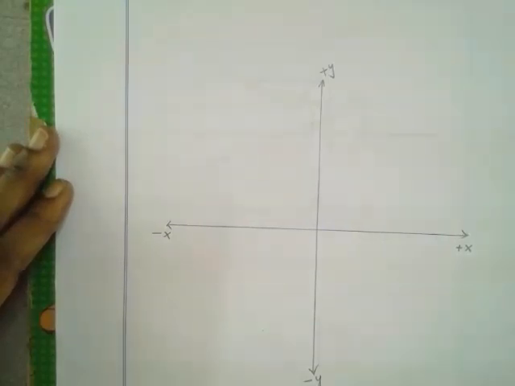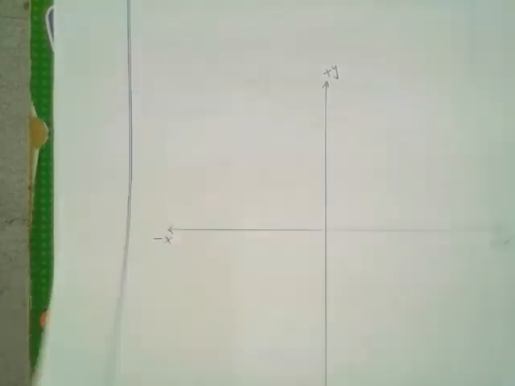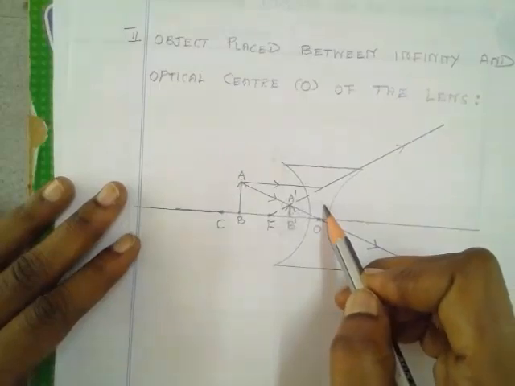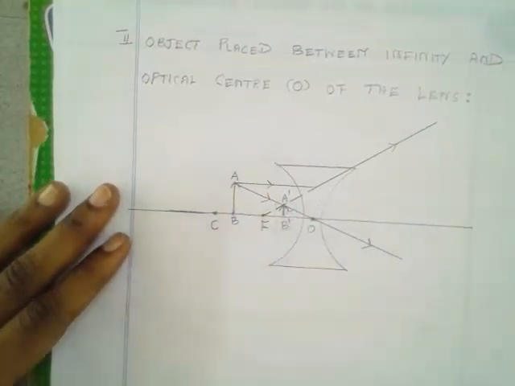According to the Cartesian sign convention, the object is always placed on the left side of the lens. This is the lens and the object is placed at the left side of the lens.